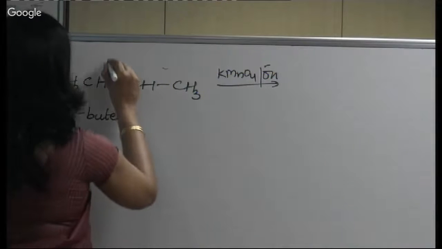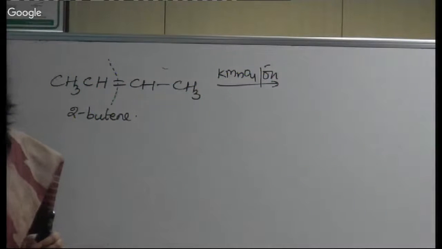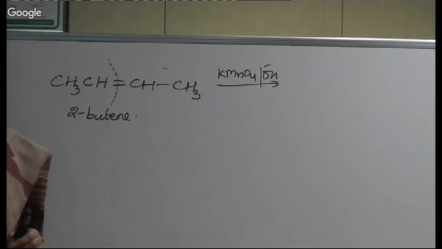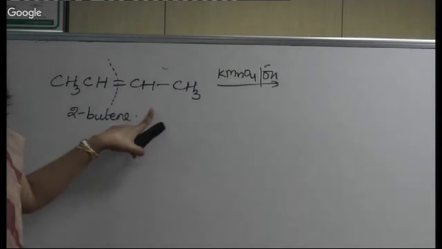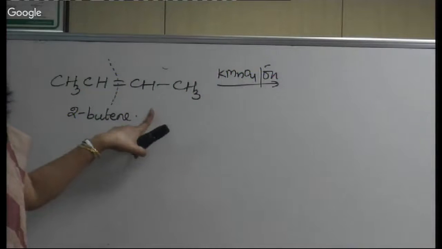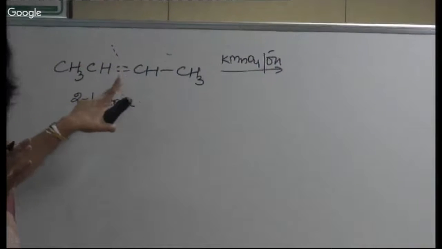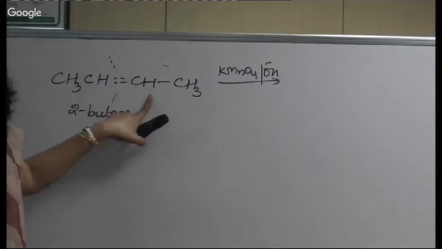So what will happen is, you have a cleavage taking place across the carbon-carbon bond. The simple thing that you have to do is remove that double bond and change each of these carbons which were linked by a double bond to a carboxylic group, and you get your product, right?